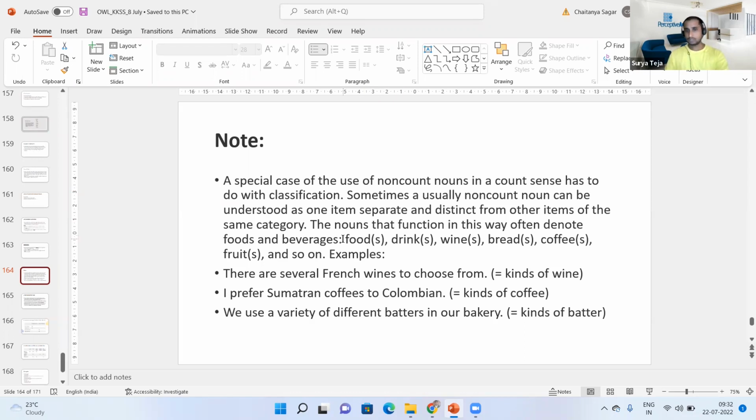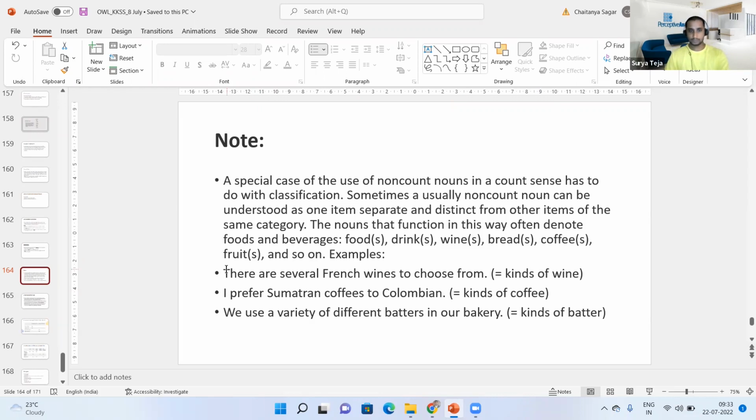Some of the non-count nouns like food, drink, wine, bread, coffee, these food items, most of the time can be pluralized. The reason is food cannot be the same. Food in India, food in China, food in Russia, there are multiple types of foods. If they are referring to such a particular example, or if there are different types of drinks, different types of wines, then even though wine or bread or coffee is in general a non-count noun, we can still use it in a count sense.